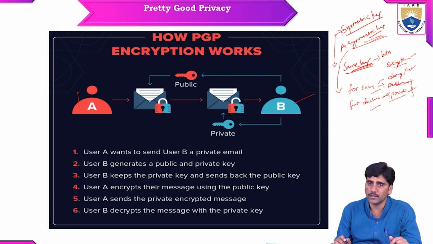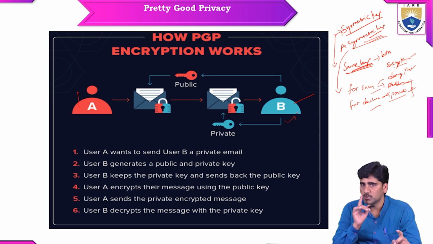So here, user A and user B. User A wants to send user B a private mail. To send that private mail to user B, that mail has to be PGP service enabled mail.